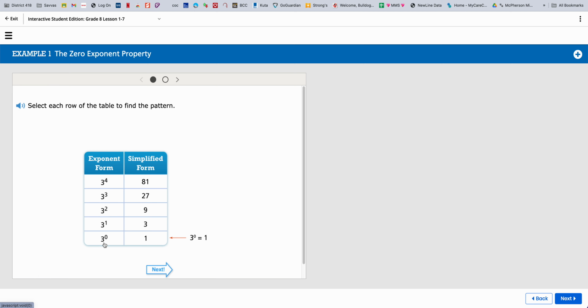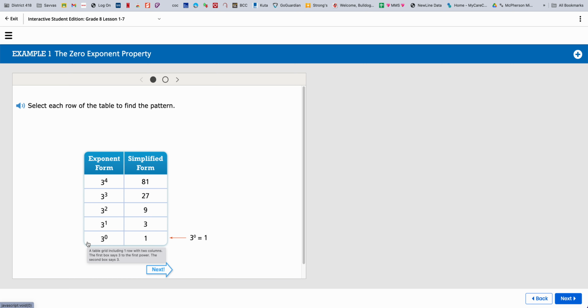Okay, ask your question. But you're multiplying 3 0 times. If you think about it that way, where we think about the number of times, here we use 3 as a factor 4 times, 1, 2, 3, 4. Here we use 3 as a factor 3 times, 3 as a factor 2 times, 3 as a factor 1 time, and then for this one, that would mean 3 as a factor 0 times.